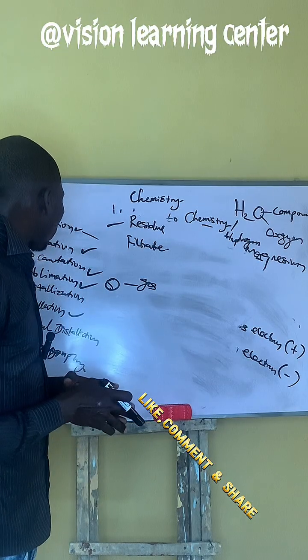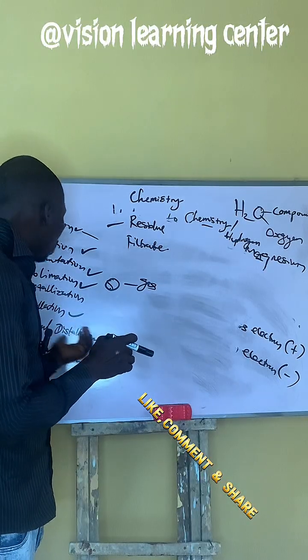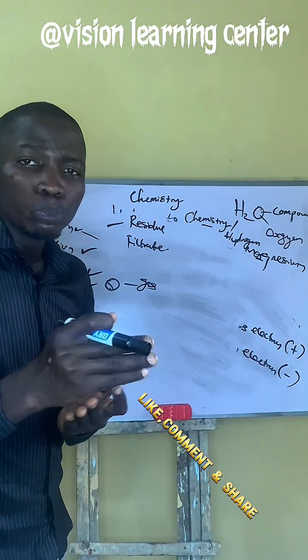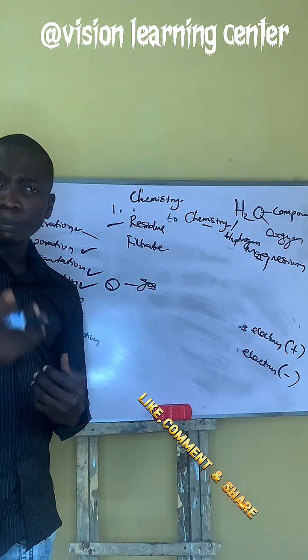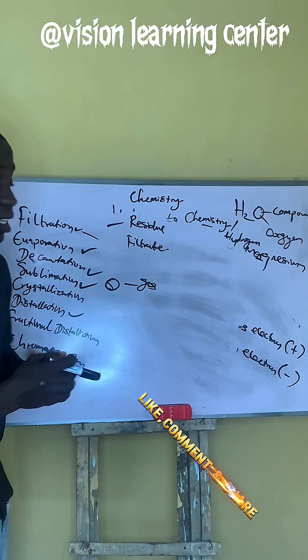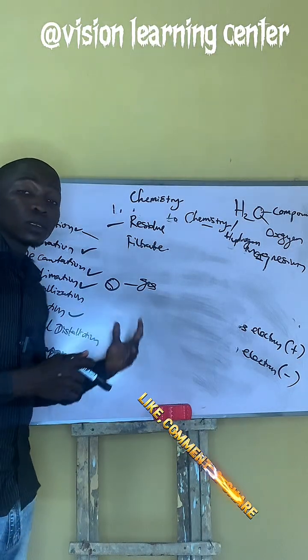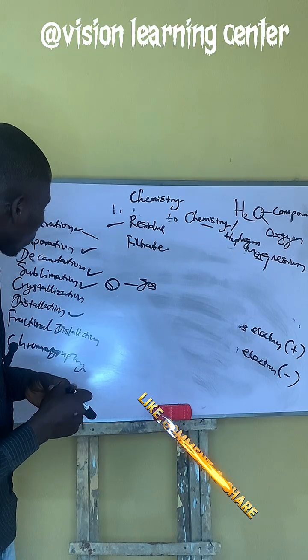Okay, another one is fractional distillation. This fractional distillation occurs when the substances have close boiling points. Okay, it has a relationship with distillation.